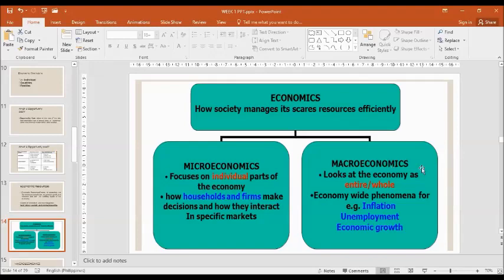And then macroeconomics, from the word macro, looks at the economy as an entire whole. Economy-wide phenomena include inflation, unemployment, and economic growth. So these are the coverage of macroeconomics. It's not only the household or the firms or business, but the totality. It speaks about inflation, unemployment, and the economic growth of a country.